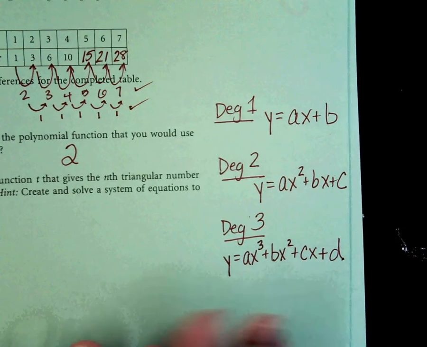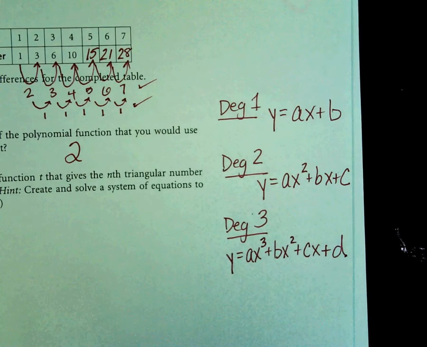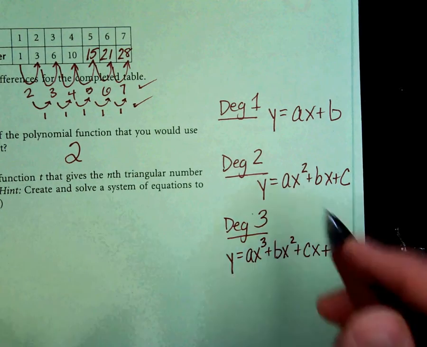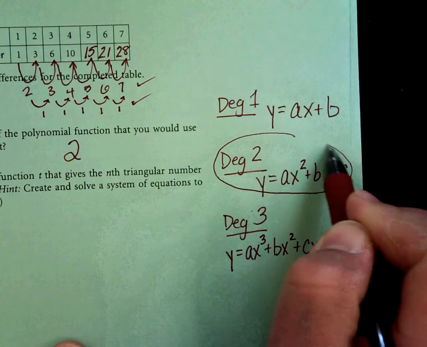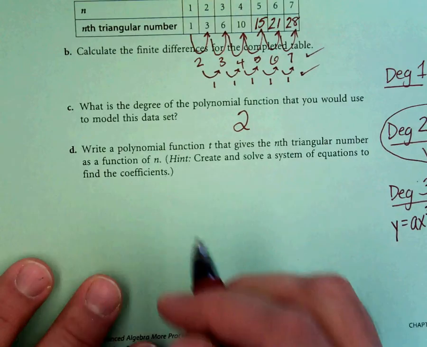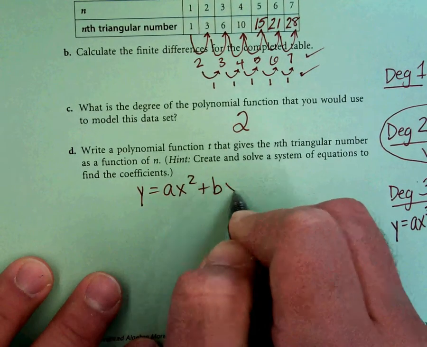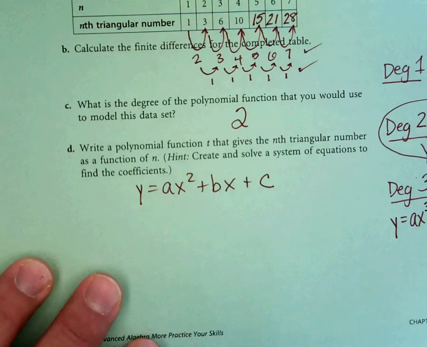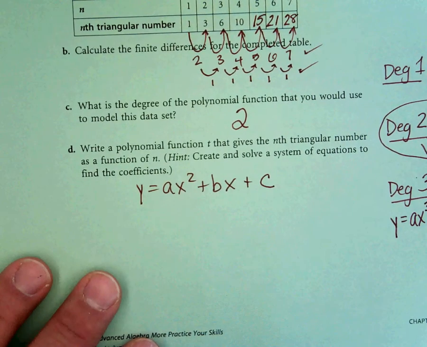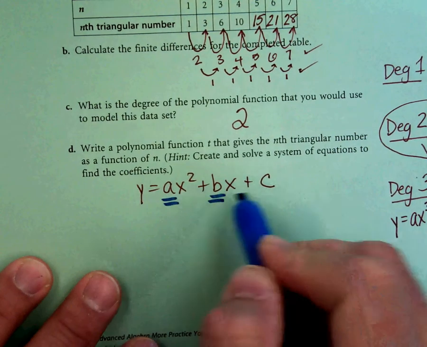Okay, so here we go. So what degree is this problem about triangular numbers? Second. So let's circle this one, and we're going to use it over here. So we have y equals ax squared plus bx plus c. What we're trying to do right now is figure out what a, b, and c are.